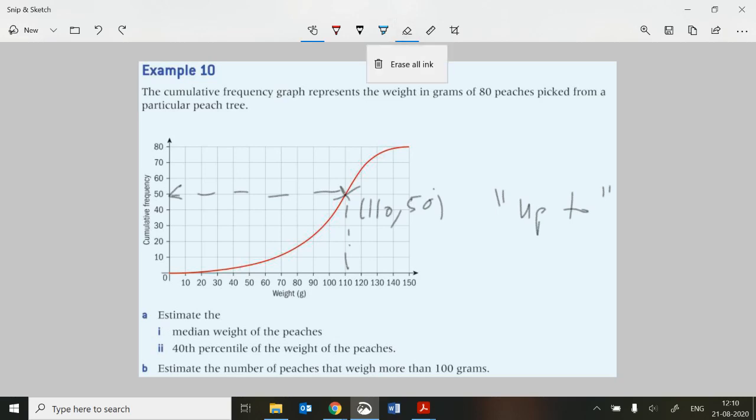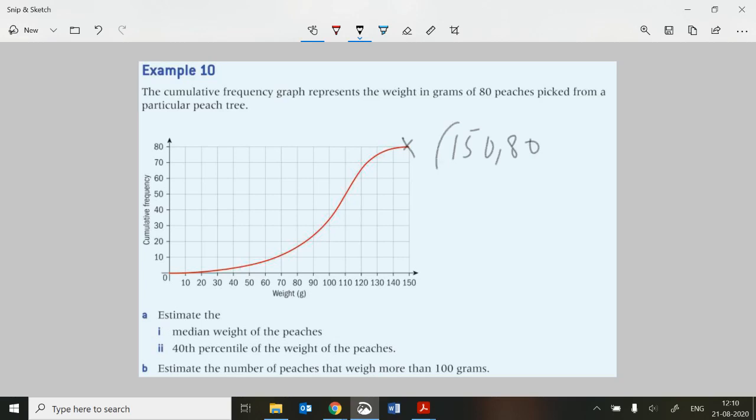So at the end of this running total, which will have been made from points, but we'll talk about how to make it in a bit, you'll have this point here, 150, 80. That means we've got 80 peaches, which are, remember, up to 150 grams.